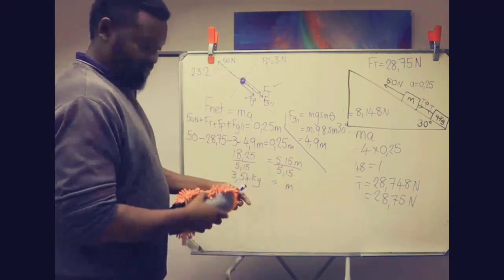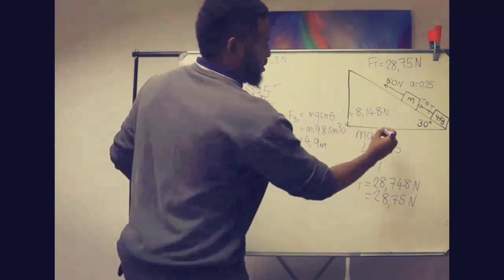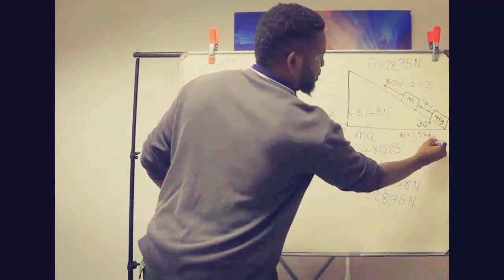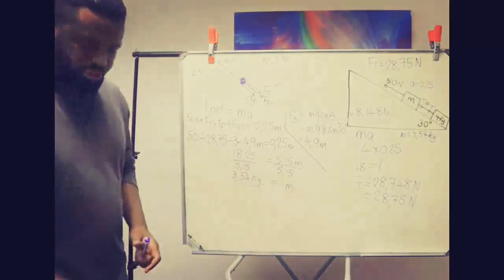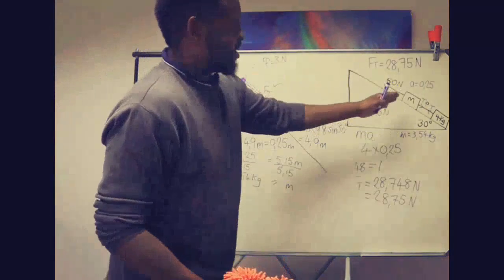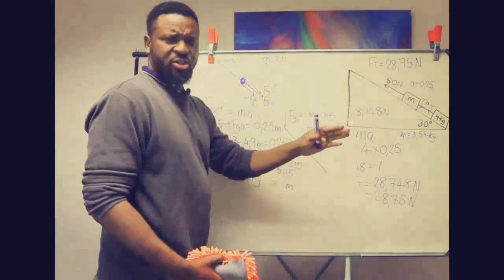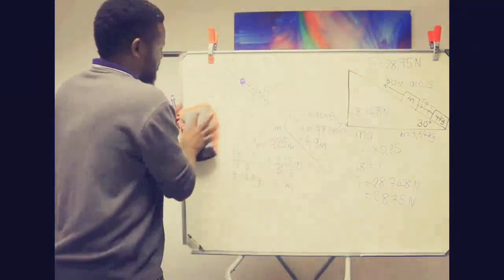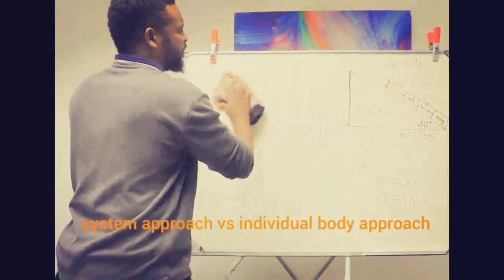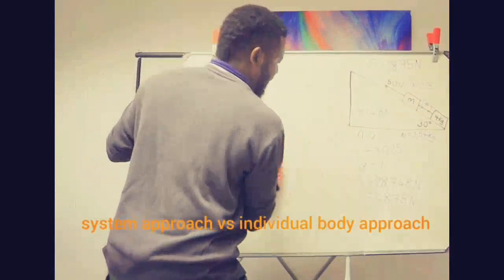What is the system approach? So we say mass here is M, 3.54 kilograms. A system approach simply means instead of looking at individual components of the system, M separately, the 4 kg separately, let's look at the whole system. What is happening at a system level? How does the system move?